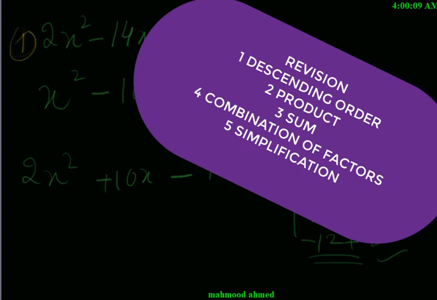And then you write all possible pairs of the factors, and then see which pair gives the sum equal to b, the coefficient of the central term.